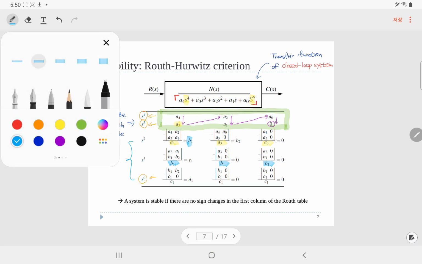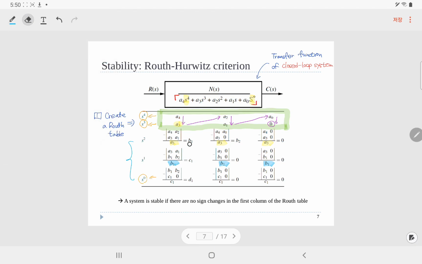So there is a certain pattern. I'll explain that. For example, consider this entry.